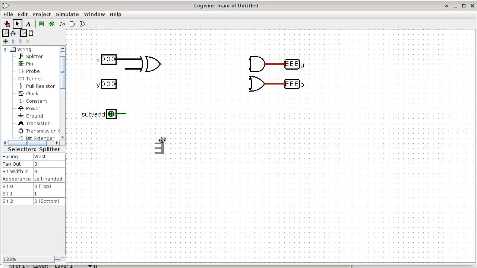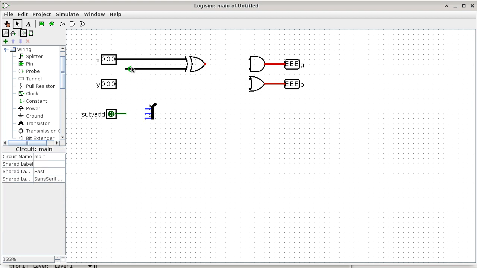So we'll take this, extend this out a little bit, and take this wire, put it over here. So now this end is fine, right? Because the merged end of the splitter has 3 bits in that one single wire. So that's all good. Now the question is, what do we do with this end? There's only 1 bit here, and this is 1 bit, this is 1 bit, this is another bit. Have them all hooked up to the same thing.